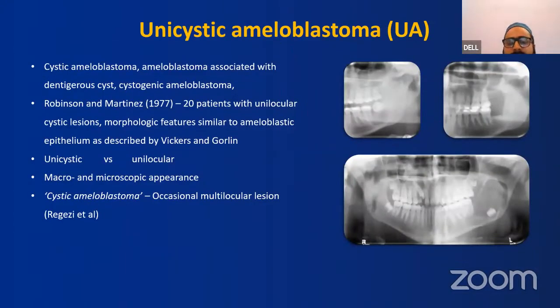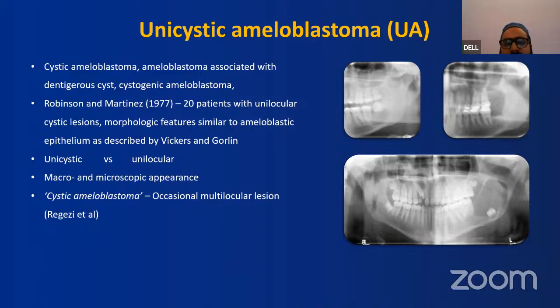Coming to the unicystic ameloblastoma, also known as cystic ameloblastoma, ameloblastoma associated with dentigerous cyst, or cystogenic ameloblastoma. It was first described in 1977 by Robinson and Martinez in 20 patients with unilocular cystic lesions, where the morphologic features were similar to that of ameloblastic epithelium. So, while describing unicystic ameloblastoma, we have to understand the distinction between unicystic and unilocular.